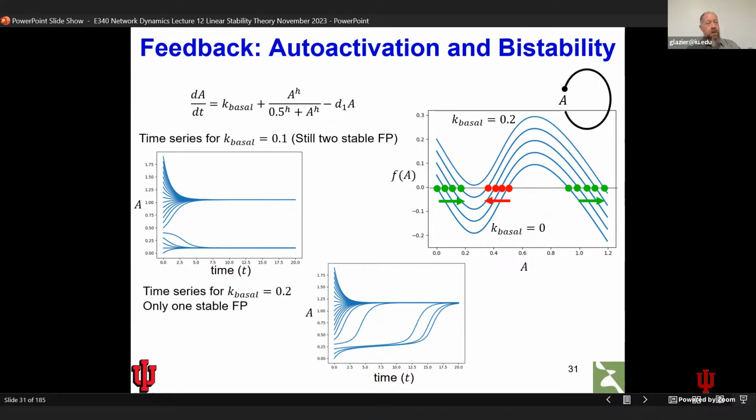The other are what are called iterated maps, where I ask, for example, if the population of flies is such and such this year, what is it next year? In that case, I'd say A sub n plus 1 is f of A sub n.